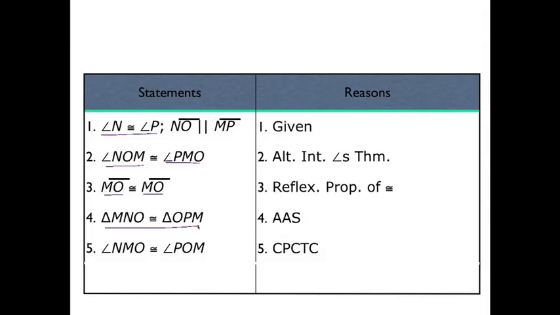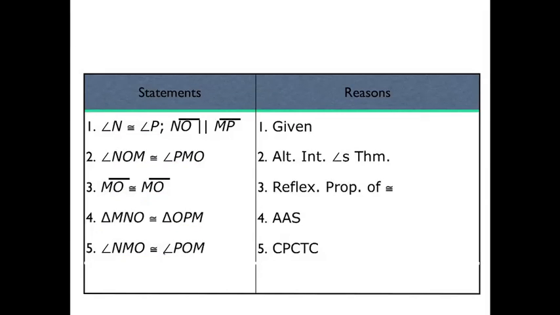Realize we didn't actually have to go through the congruence here, because once we had two angles in the two triangles that were congruent, we could have said that this angle was congruent to this one by the third angles theorem. So just a couple different ways you could have done this proof. You could have bypassed angle side and CPCTC and gone straight to this step if you remembered the third angles theorem.